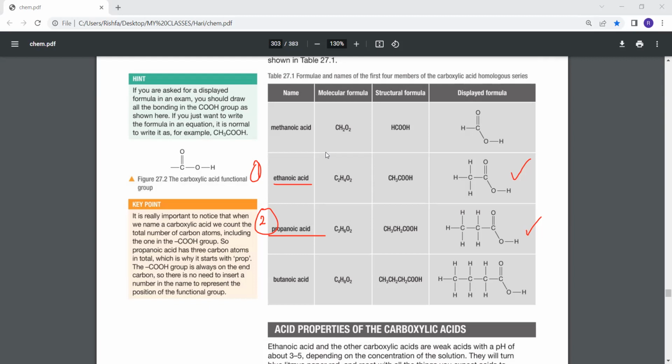No, just the name and the displayed structural formula is enough. This is called the condensed structural formula, right? If you want, you can take it down. Okay, I'm done.